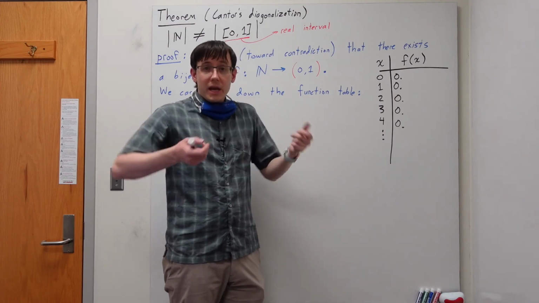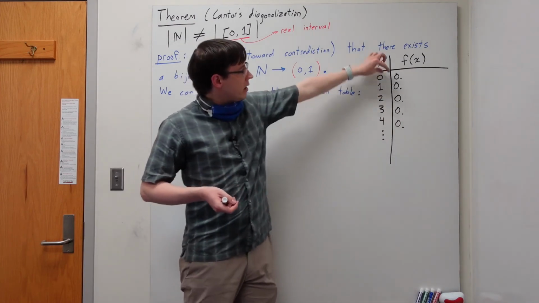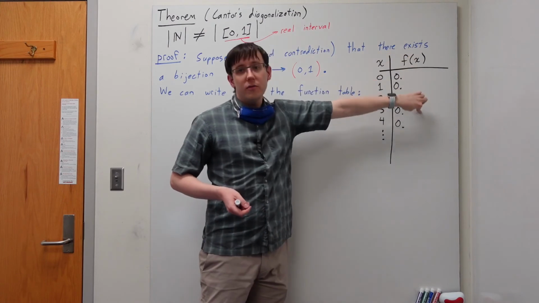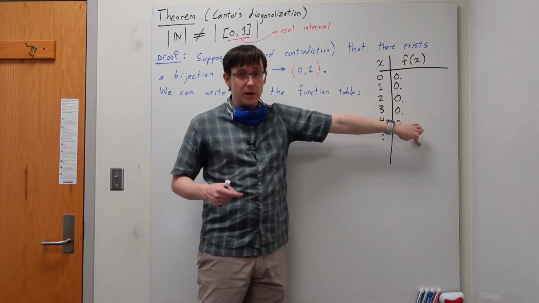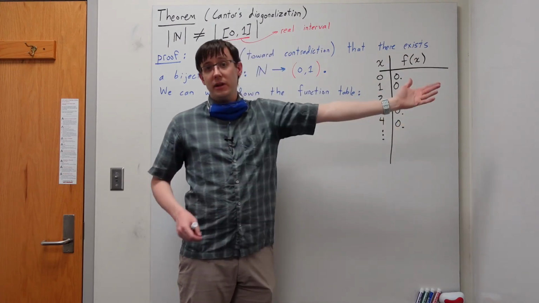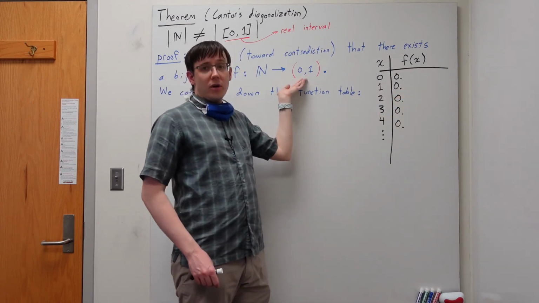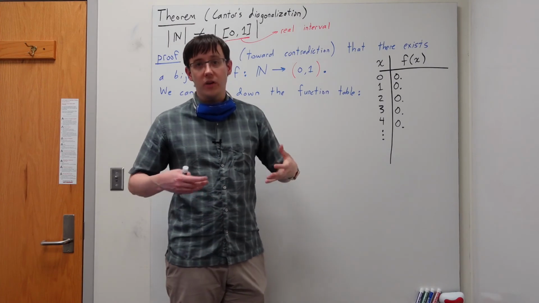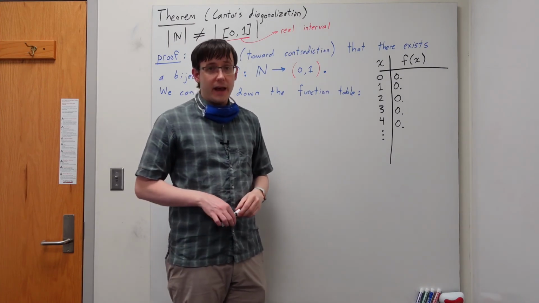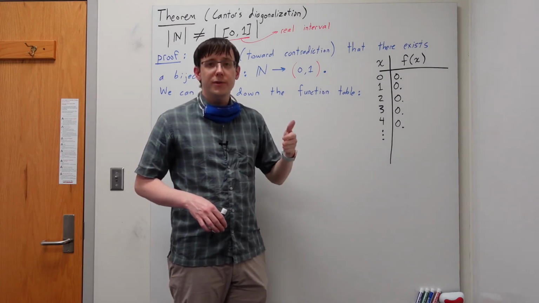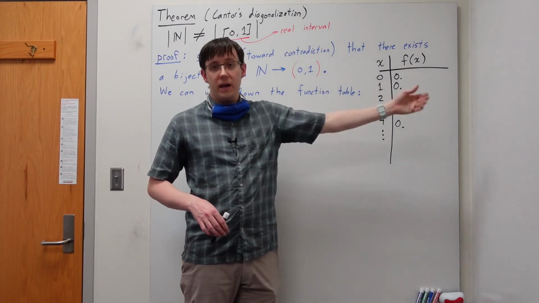So, to make our lives easier, we can represent all of the numbers in the output column here by an infinitely long decimal expansion. If a particular output of the function is 0.2, then we could represent that as 0.20000 ad infinitum.